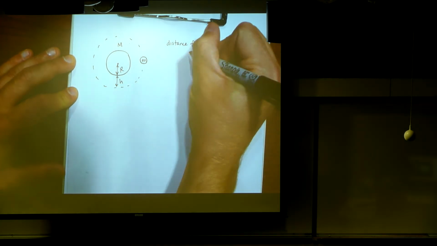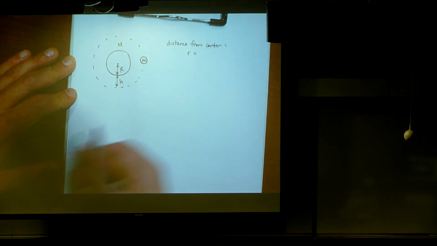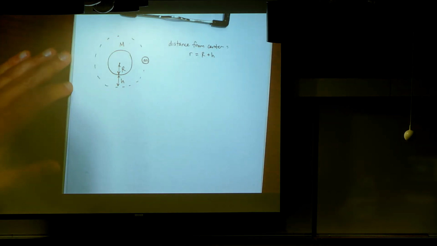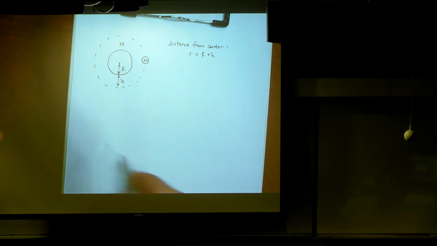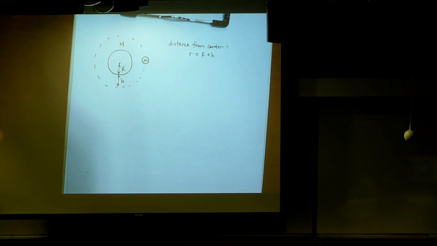And that's what we actually care about in our equations. So lowercase r, distance from the center, is equal to uppercase R plus H. It's that full distance from the center that comes into play when we talk about the force and the radius of the path and all that, okay?